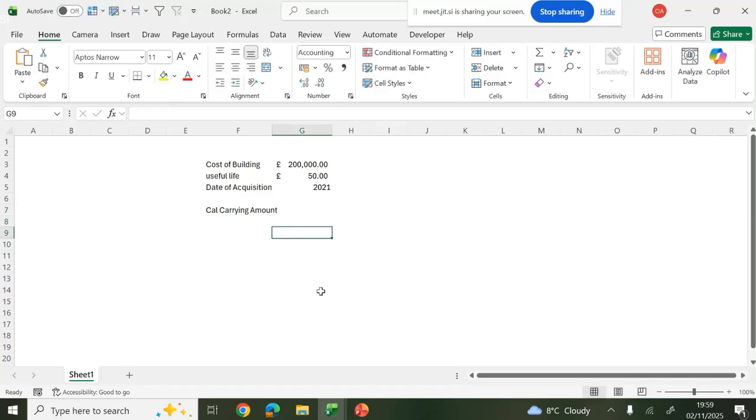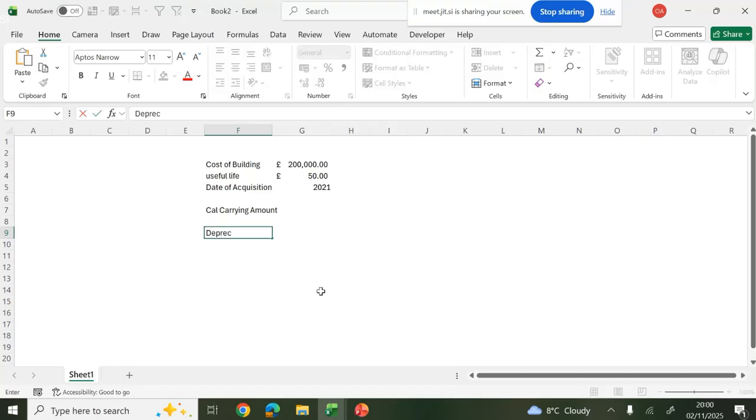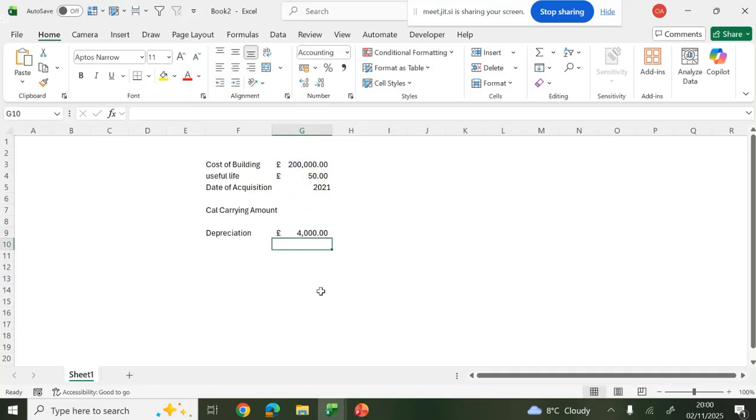To get our carrying amount, I'm sorry, the first thing we need to calculate is depreciation. Our depreciation is going to be the cost of the asset divided by 50 years. So that means for each year, depreciation will be $4,000.